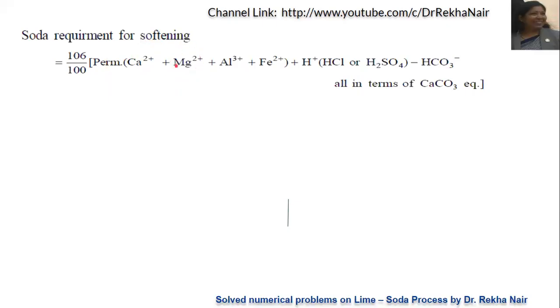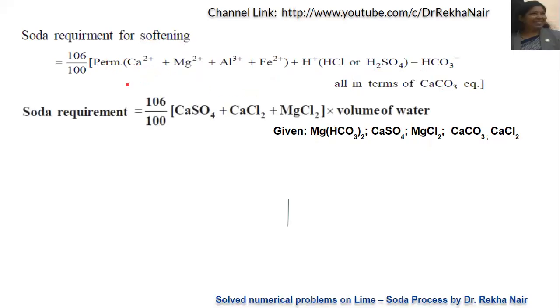So permanent calcium, permanent magnesium, aluminum, iron, H plus, HCO3 minus, all in terms of CaCO3. The constituents given are magnesium bicarbonate, calcium sulfate, magnesium chloride, CaCO3 and CaCl2. Let us put all this in the formula. So it will come out to be 106 upon 100.